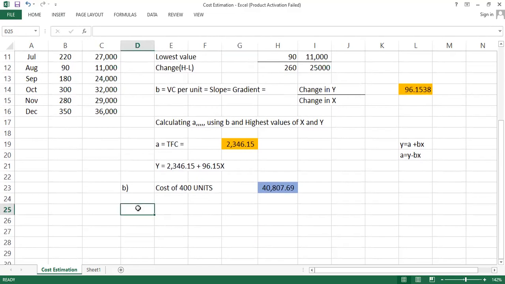Now, what are some of the advantages of this approach? What are some of the disadvantages?